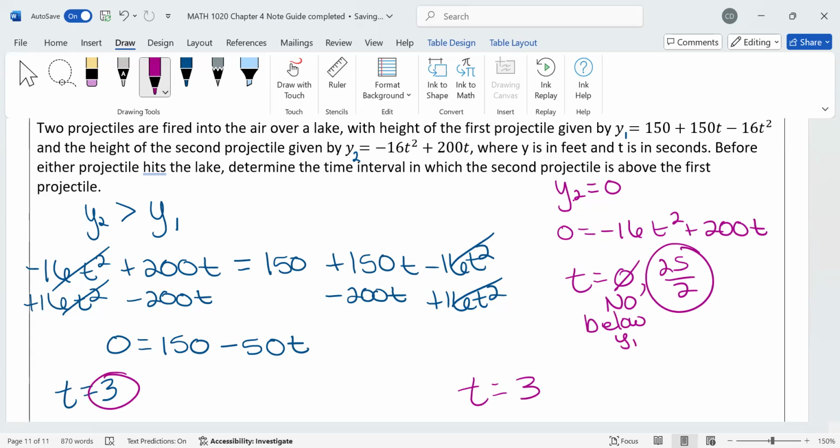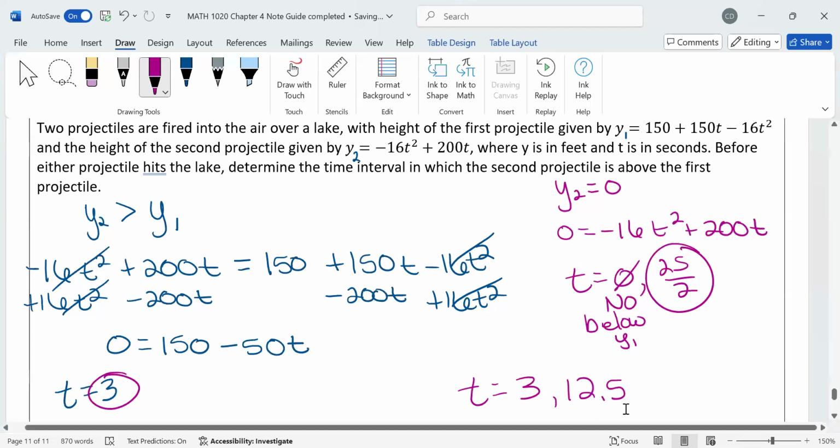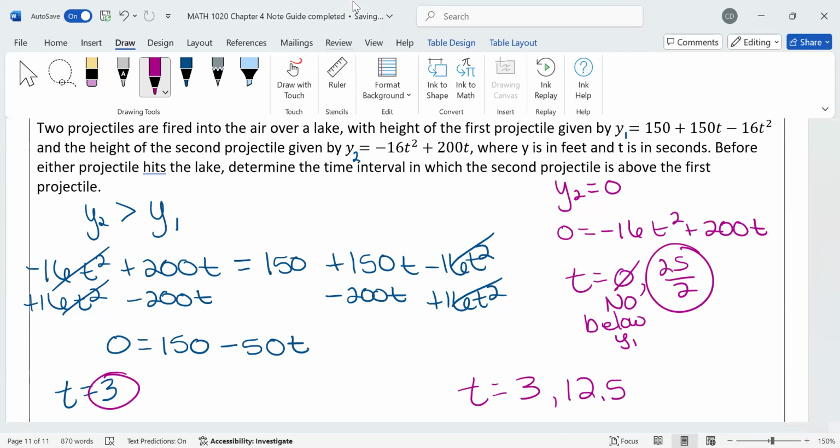And 25 divided by 2, I believe, is 12.5. Never trust myself. And at 12.5 seconds. Because after it hits the ground, it stops. We can't do any time past that. So those are the 2 solutions to that problem. And that is it for chapter 4.